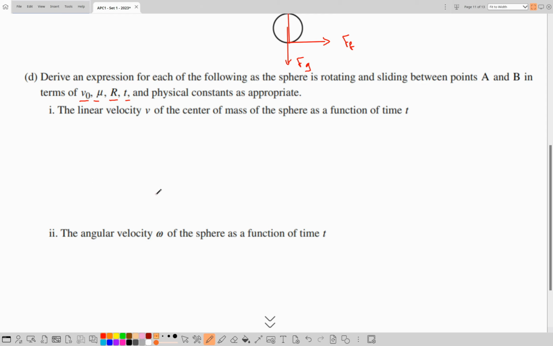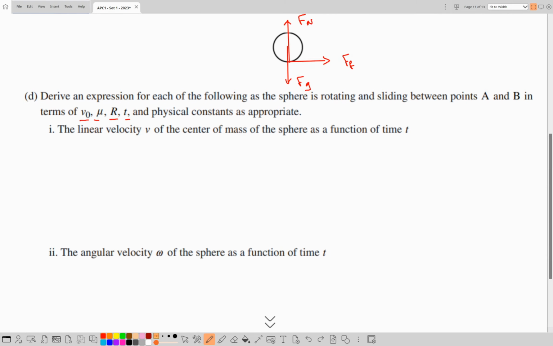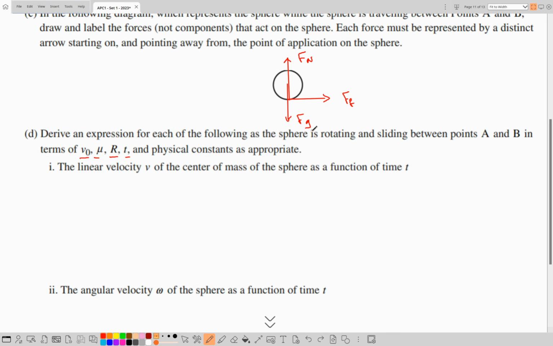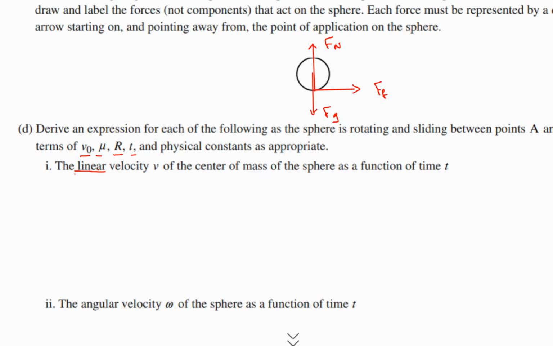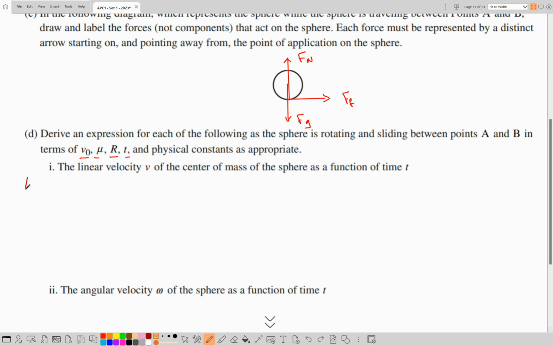So the linear velocity V of the center of mass of the sphere as function of time. Here, because all the forces are assumed to be constant, V can be determined from a, but first a can be determined by applying Newton's second law. Since we're talking about linear, then we'll apply Newton's second law for translation.